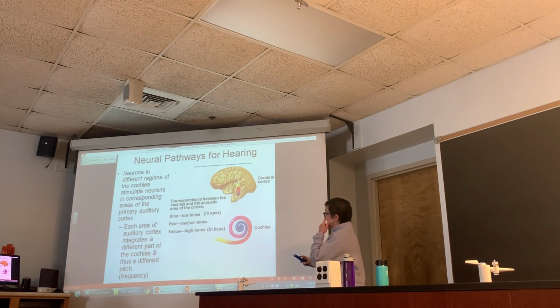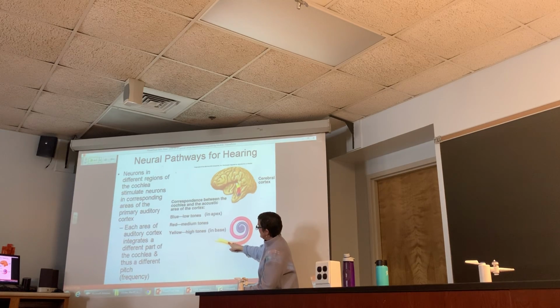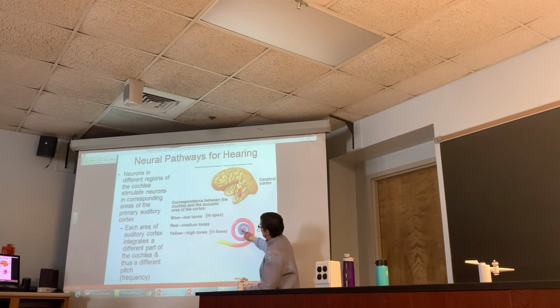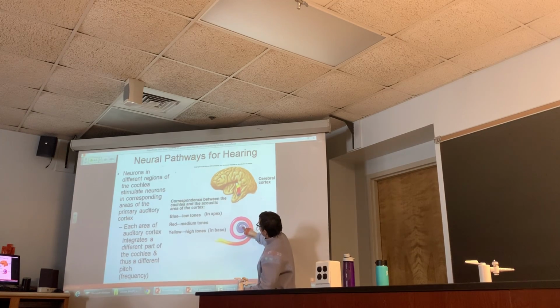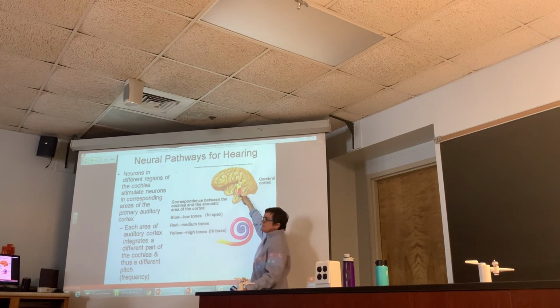And there's another picture here. Yellow is the high pitched sounds. The red is medium pitched sounds. The blue is lower pitched sounds. So that's the end of the line there. That's the apex. This also shows that in the primary auditory area, different parts of it process those different pitches.